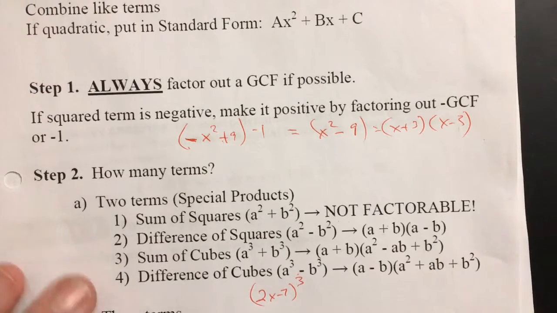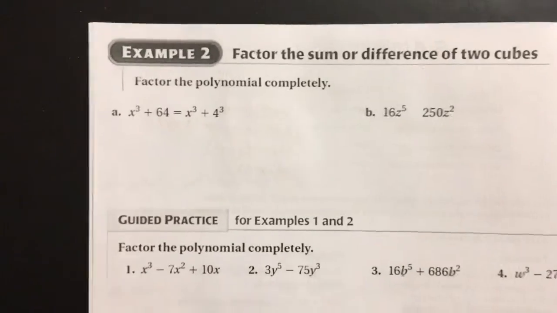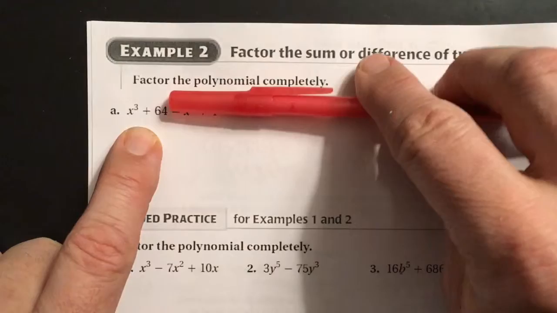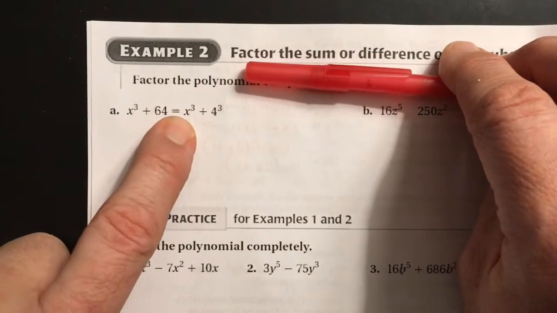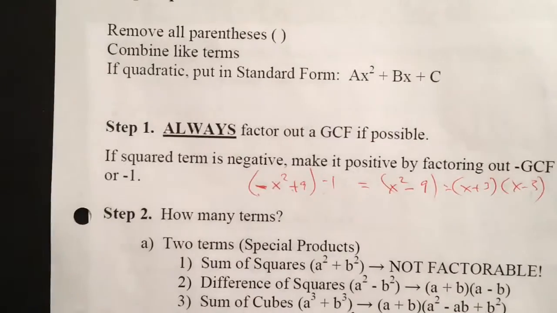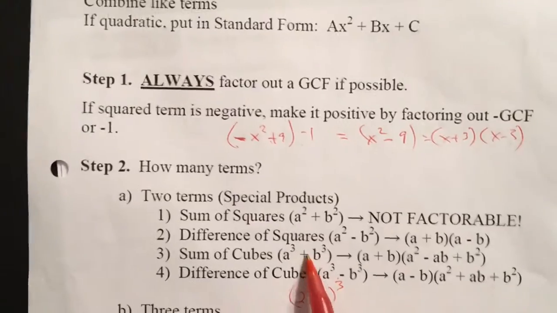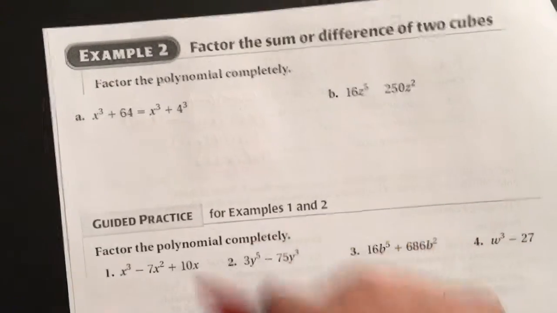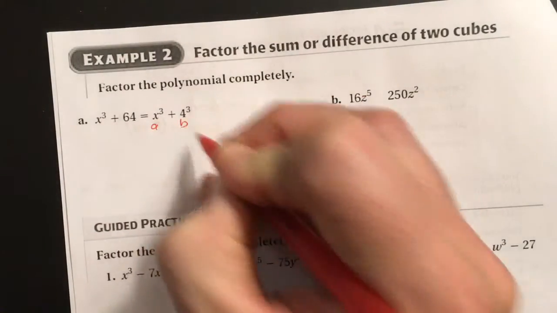Okay. All right, let's go back to try one, example 2. So they converted this. This is how the problem would come to you. They're just showing you a sum of cubes, and it fits this pattern here, A cubed plus B cubed. So what you do is the A is going to be x, the B is going to be 4.